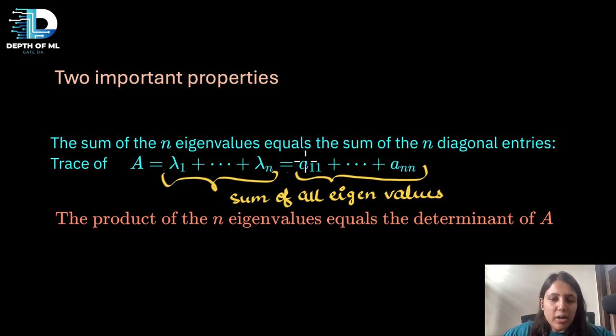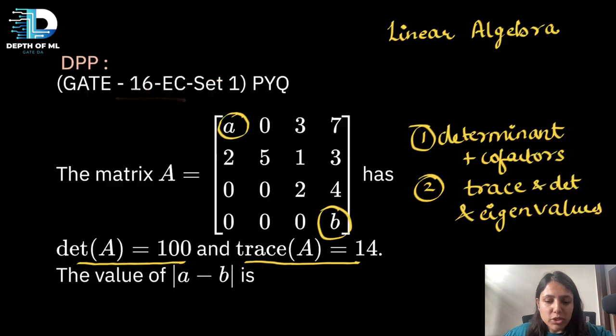Whatever elements are on the diagonal, their sum is equal to the trace. And the product of the n eigenvalues is equal to the determinant of A. If you know these two properties and how to compute the determinant efficiently, you will be able to solve this question very easily.